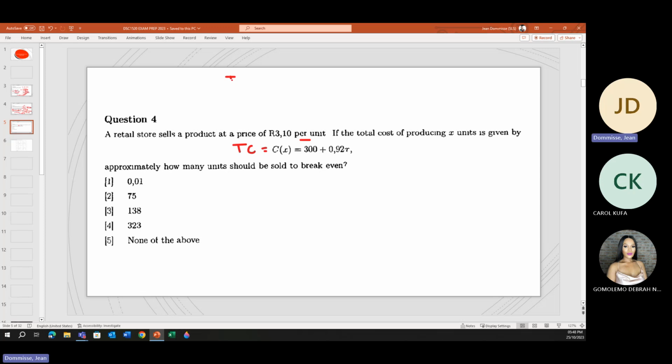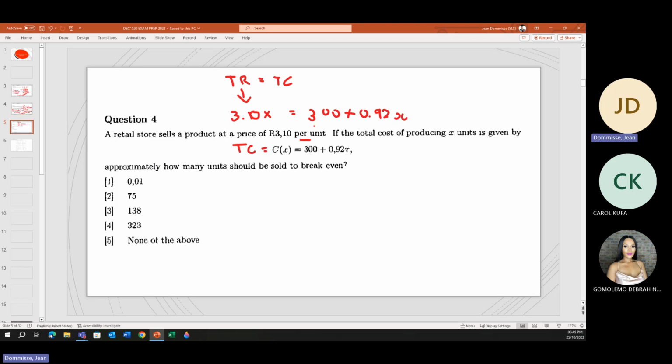Remember, for something to break even, total revenue needs to be equal to total cost. Okay, so the total revenue is R3.10 per unit, and your total cost is the 300 plus 0.92x.